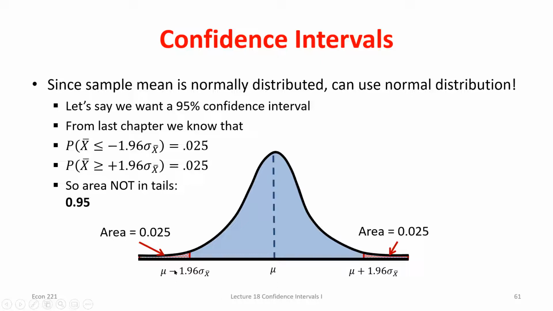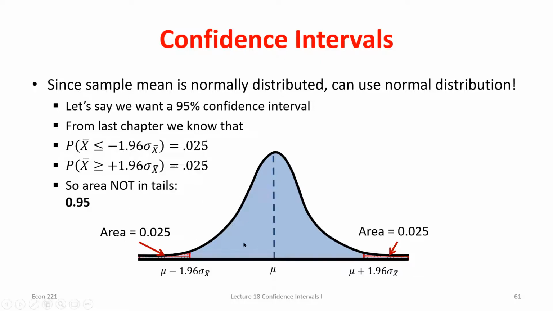There's only a 5% chance that it's more than 1.96 standard deviations away from the mean, above or below. We know that's true. That just comes straight from our understanding of a normal and a standard normal distribution.